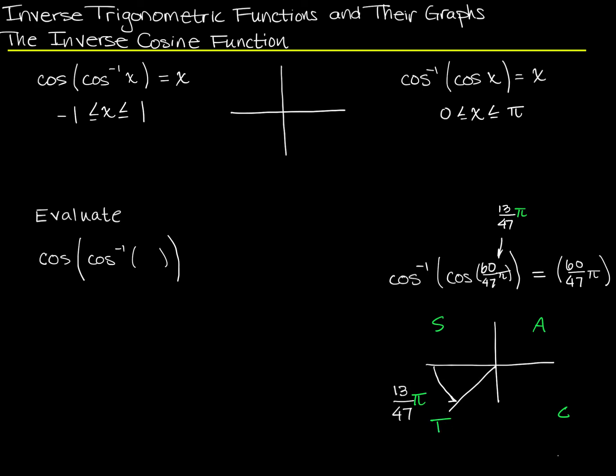So with cosine, I have to be between 0 and pi if I want to talk about arccosine. And I'm going to be taking the arccosine of the value that I come up with here in a minute. I'm going to be taking the arccosine of the answer to this question. So I have to make sure that the answer to this question comes from an angle that's in one of these two quadrants. All right, it's not currently, it's too big.